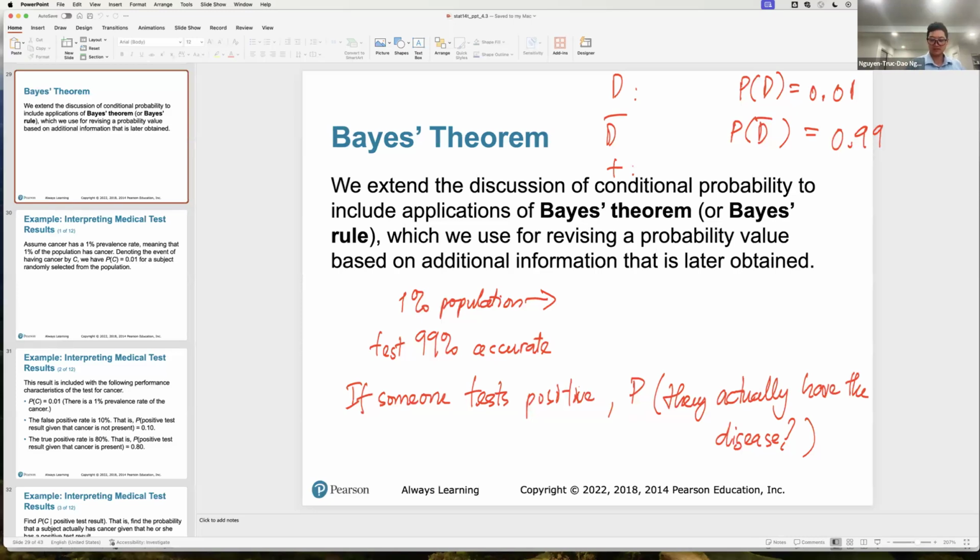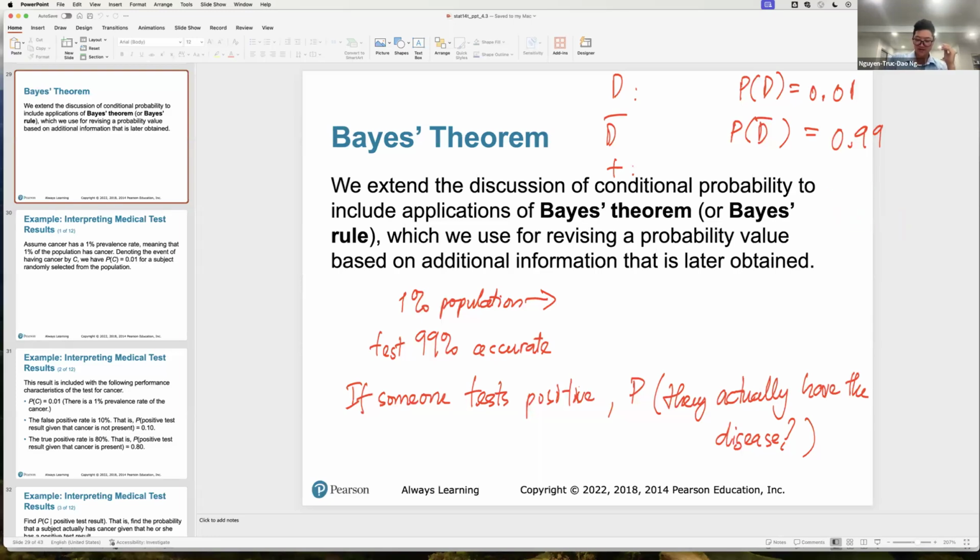Now, let's find the probability of a positive test given that that person has the disease, right? And no, it's going to be the vice versa.